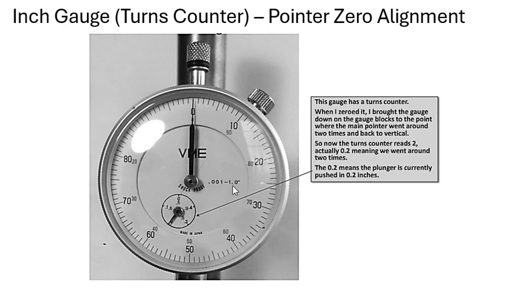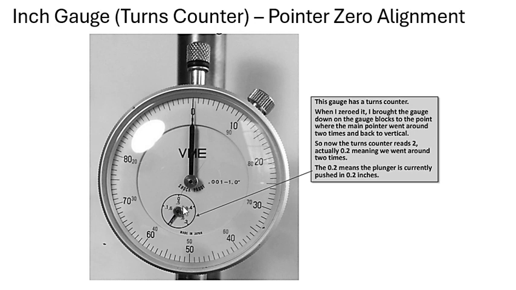Don't get confused by this range. This is just telling you the smallest one is going to be 0.001, and when you count it all together, it's going to give you 0.1 for the entire big dial, and you're going to have 1 inch on the side. So 0.1, 0.2, 0.3, 0.4, 0.5, 0.6, 7, all the way back to 0. And here we have a turns counter, so you have 1 turn and then 2 turns, and that's 0.2.